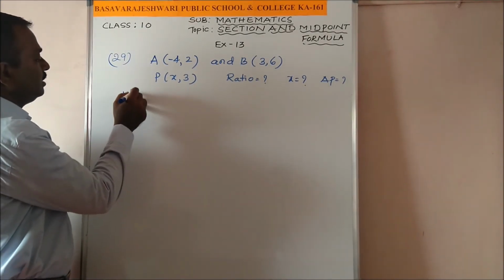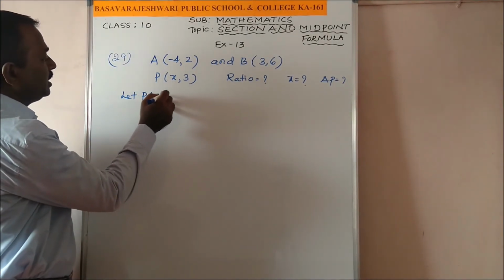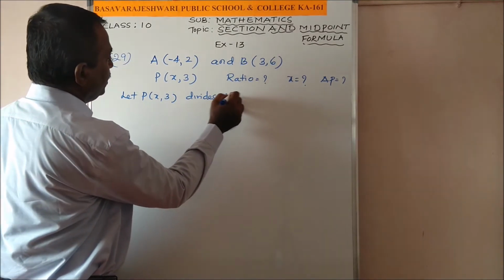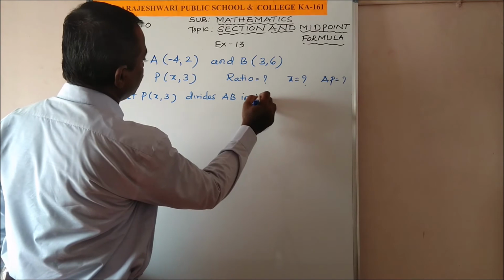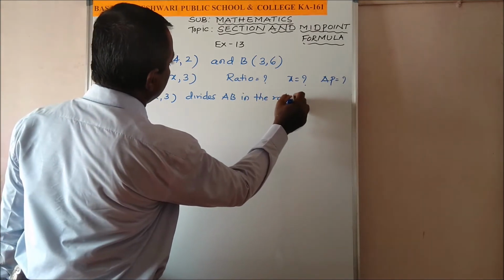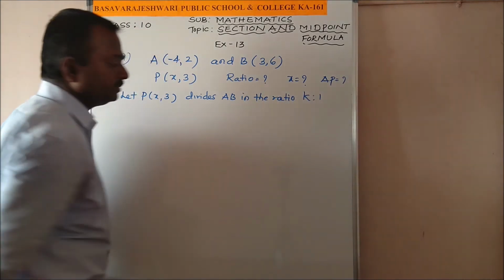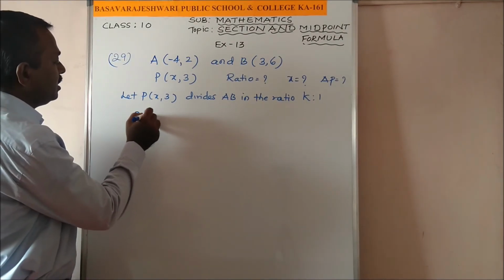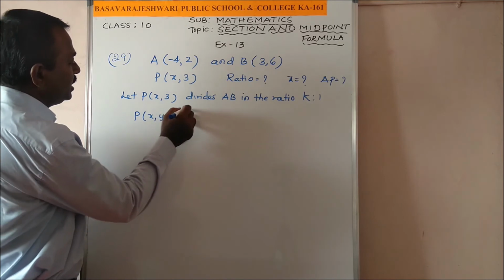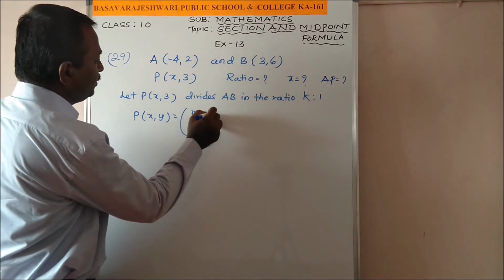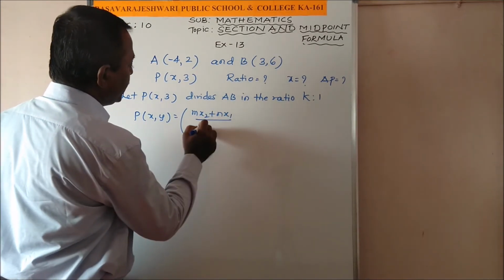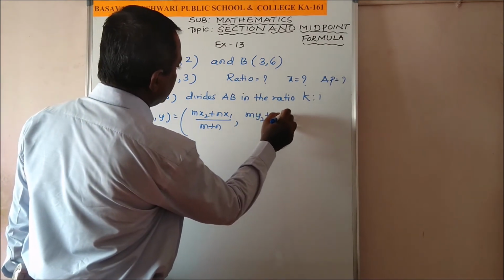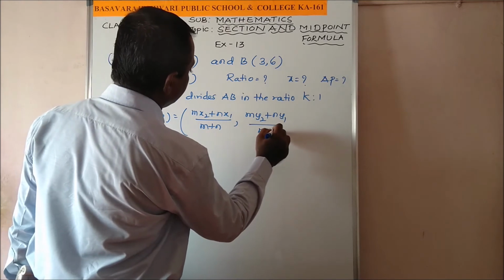Let P of (x, 3) divide AB in the ratio k is to 1. Correct? We don't know the ratio. So section formula, P of (x, y) is equal to (mx2 plus nx1) by (m plus n), (my2 plus ny1) by (m plus n).